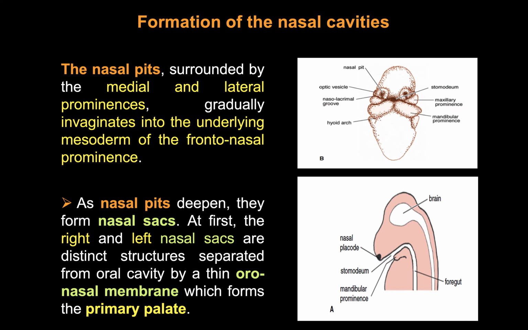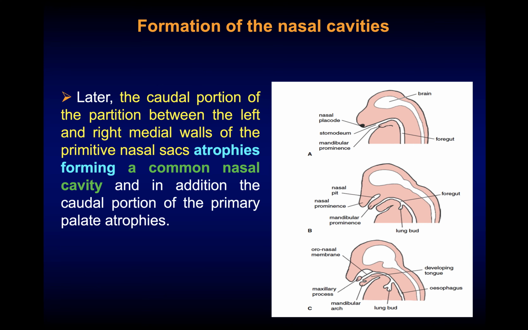We know that between the nose and the oral cavity there is a separation, and this separation is by the hard palate. So early this membrane, as I see here, is called the oronasal membrane, which is the primary palate.